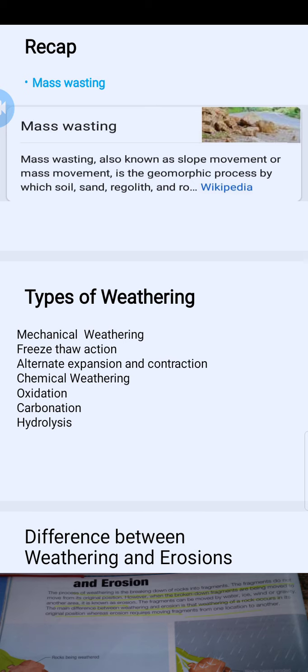Mass wasting is a process where a large mass of loose rocks, soil, and snow is pulled downward due to the force of gravity. When the slope is steep, the mass moves faster.